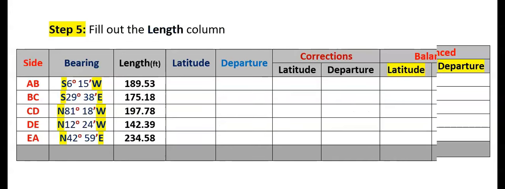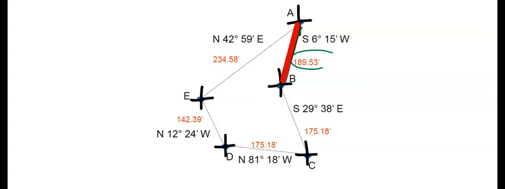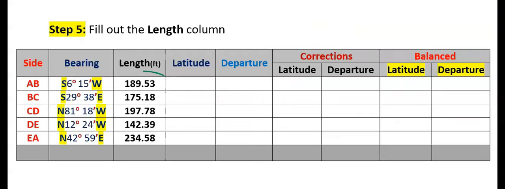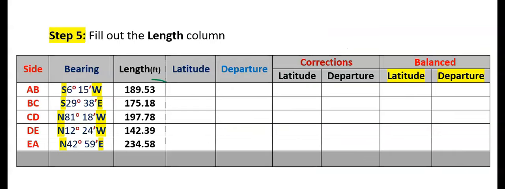Step number 5, the length from A to B is 189.53 feet, which is this. Next, you fill out B to C, C to D, D to E, and E to A, which has been completed here.